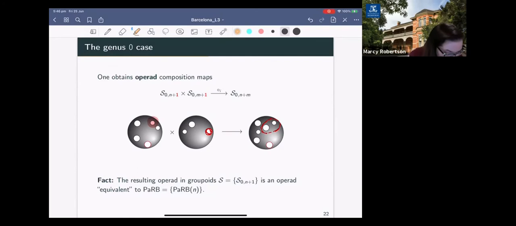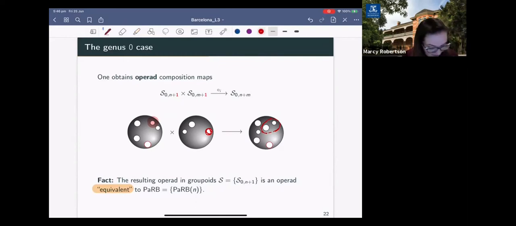I'm going to tell you when I'm lying to you, but still do it anyway: there's actually a quotient, then you get to colored ribbon braids, then you take a cofibrant resolution to get parenthesized ribbon braids, and you end up back where you would be had you never taken the quotient in the first place. So equivalent is a heavy lie, but it's roughly the same thing. You can get there just with some effort.